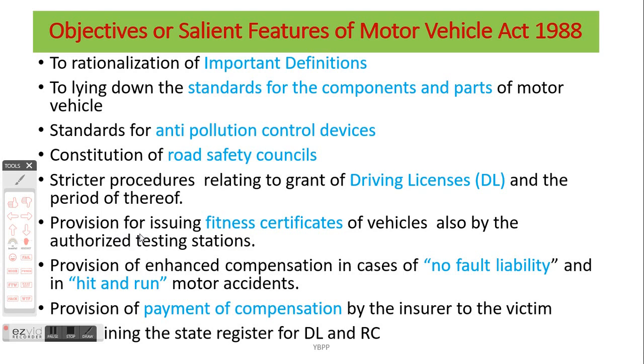Then provision for issuing fitness certificate of vehicle also by the authorized testing station. Provision of enhanced compensation in cases of no fault liability and in hit and run motor accidents. Provision of payment of compensation by the insurer to the victim. Maintaining the state register for driving license and certificate of registration.